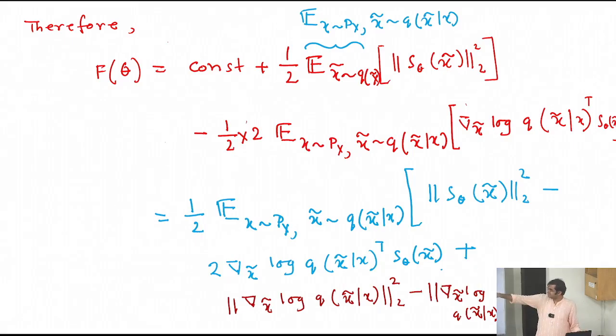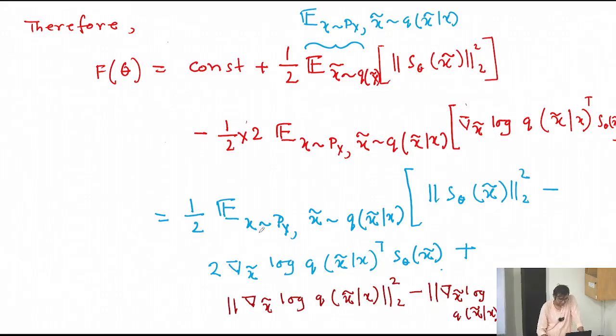Now the last term, the expectation I will write separately. The other terms will form the square term. So a square minus 2ab plus b square I have. I will write that in the form of a norm, the norm of the difference. The last term I will separate out. So what do I get? Remember the constant I have already removed. So maybe I should write the constant also.